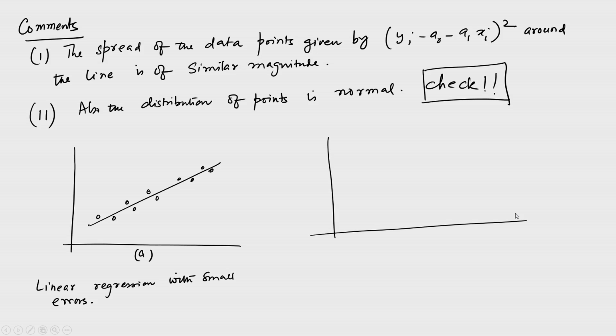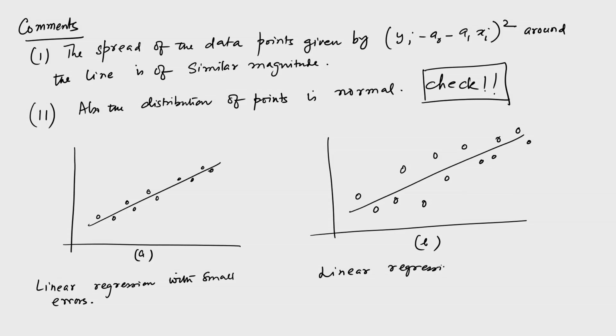These are freehand drawings. I just wanted to make the point clear. So, this is B, this is again a linear regression with relatively large errors, I mean larger than the plot in A.